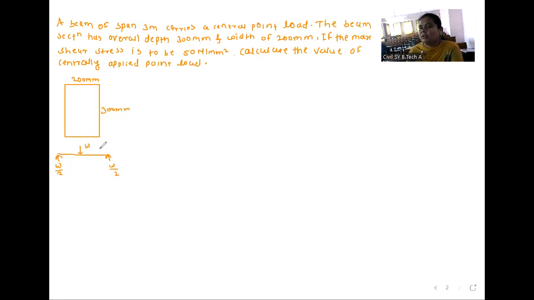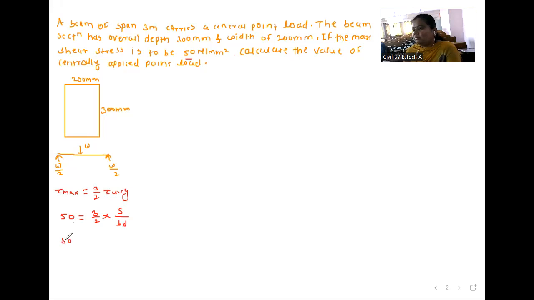So first we will write one equation. You know that maximum shear stress is equal to 3 by 2 tau average. Here maximum shear stress is given as 50 Newton per mm square. So tau max is 50, which is equal to 3 by 2 into tau average, which is nothing but shear force divided by cross section area of that beam.